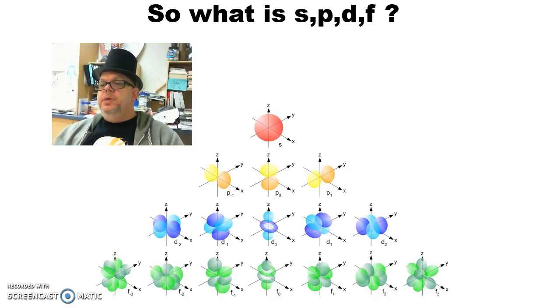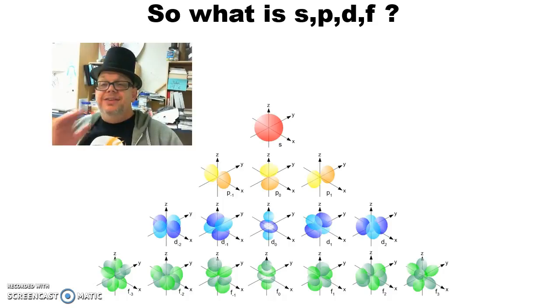Then we have the P. Notice the difference between the shape of the orbital of S, that region where electrons hang out, compared to the P. Notice the P sort of looks like 2 eggs that are stuck to each other, and where they're joined is right where the X, Y, and Z axis meet at that one point. Can you imagine that? Now, here's the kicker.